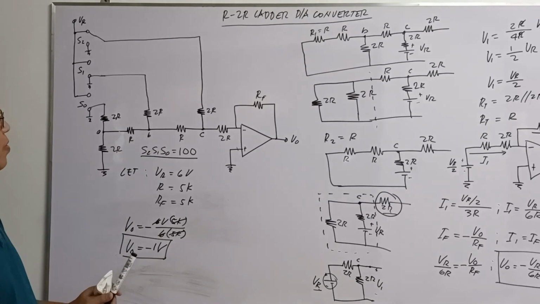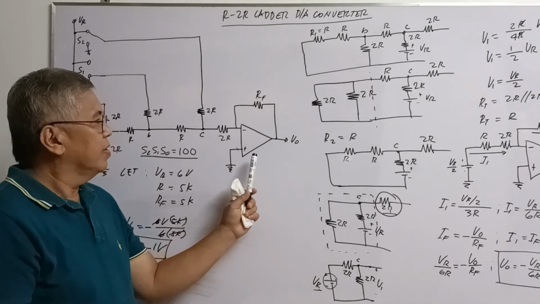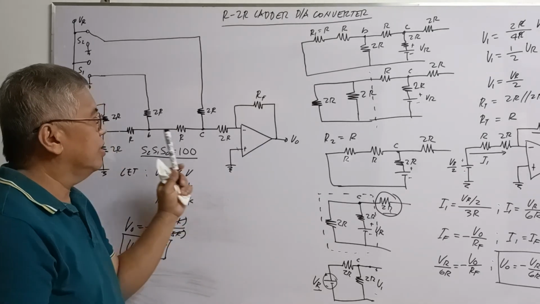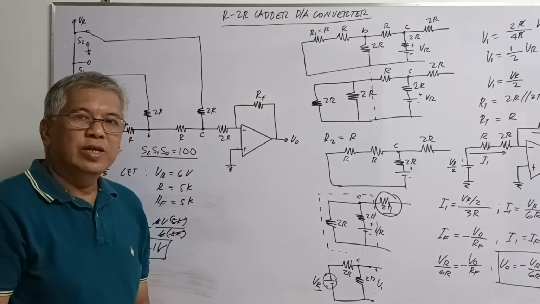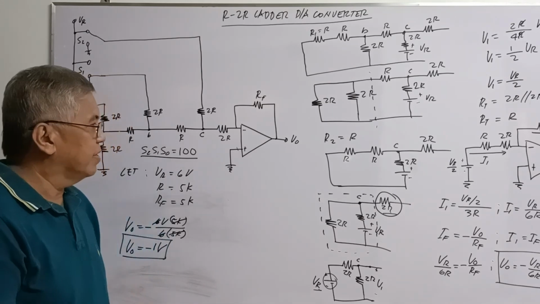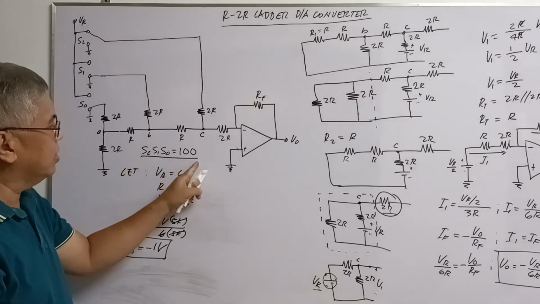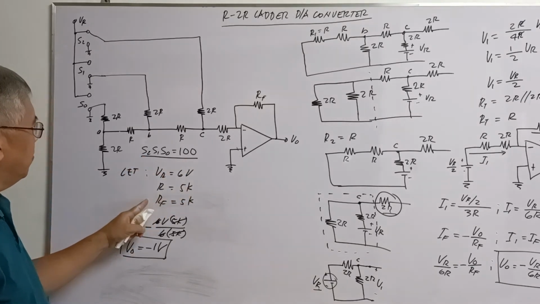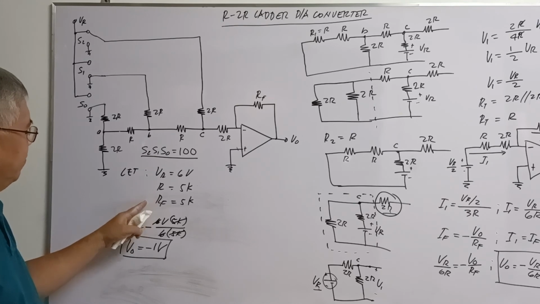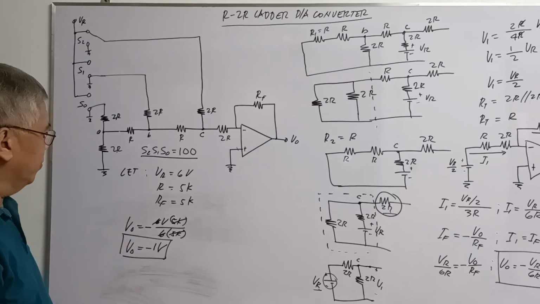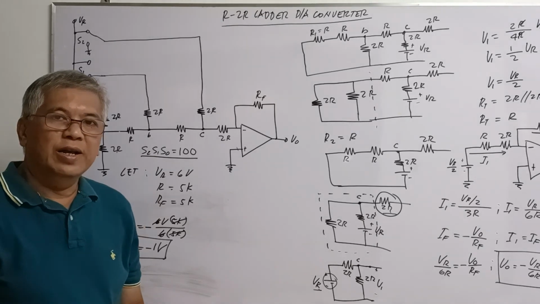So that is how the digital signal is being converted into its analog equivalent. No? So for this particular digital signal, with this value of R, VR, and RF, VO will be equal to minus 1 volt.